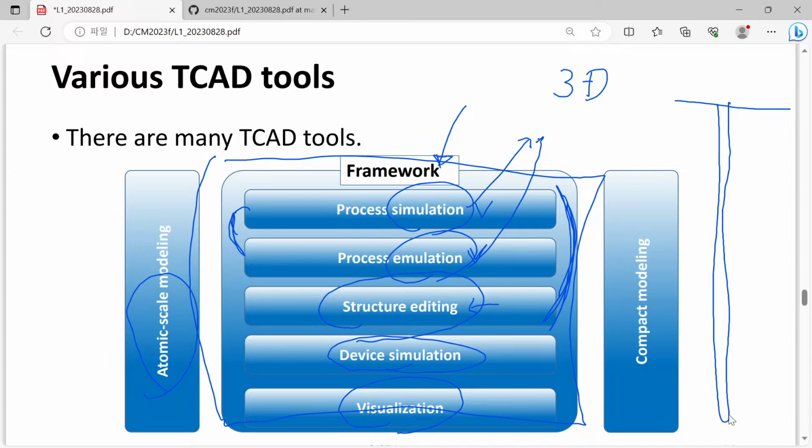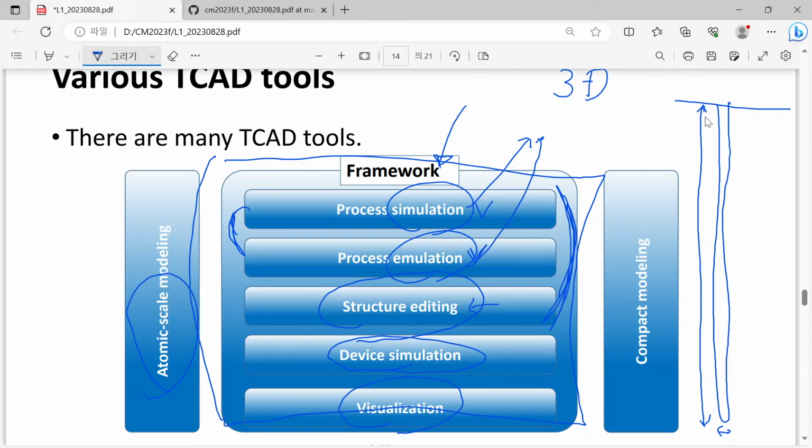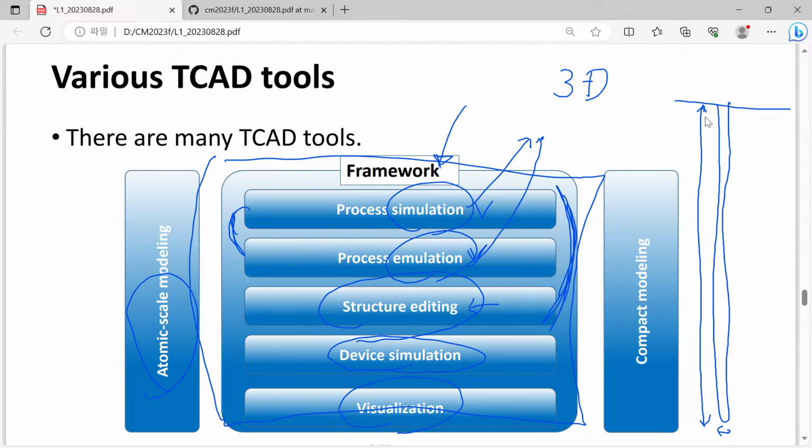Although the feature is quite short or narrow, you have to have a very tall etched profile. When we have such a deep etch, how can we simulate this kind of process?